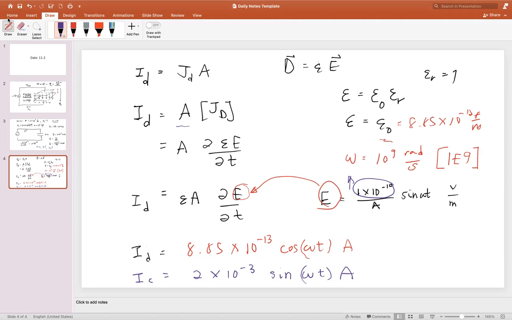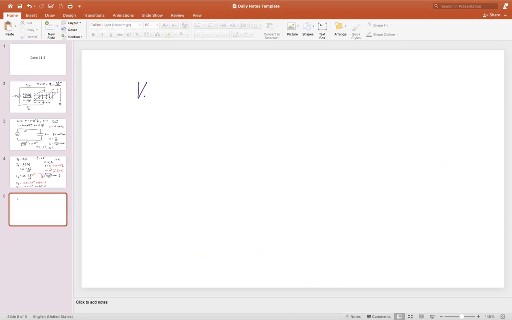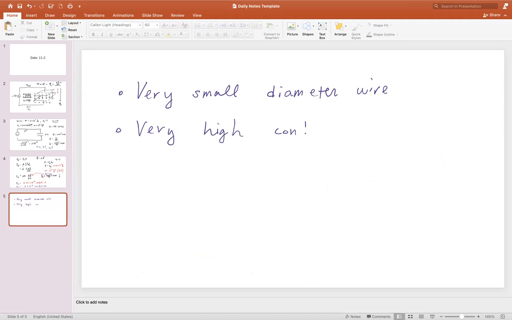So if we have a very small diameter wire, if we have a very high conductivity wire, then the displacement current is very small. Okay.